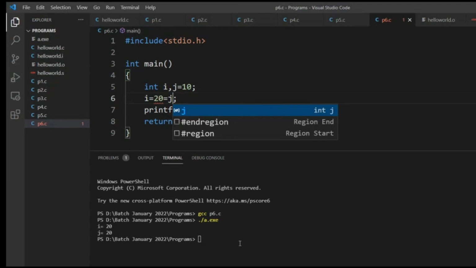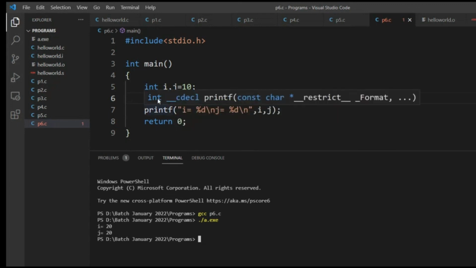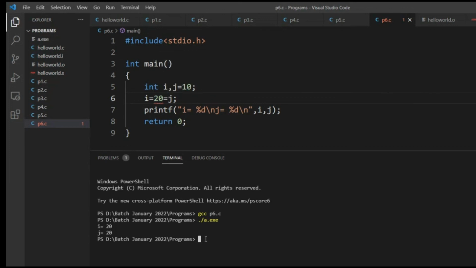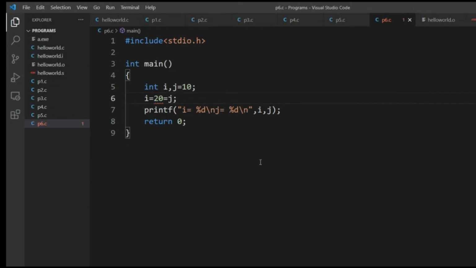Here it will generate an error. In VS Code it is showing me the error as a red line: expression must be a modifiable L value. Again I will compile this code. It will generate the error: L value required as left operand of assignment. So write down this program in your book, and that's it for today. If you have any questions, you can ask.